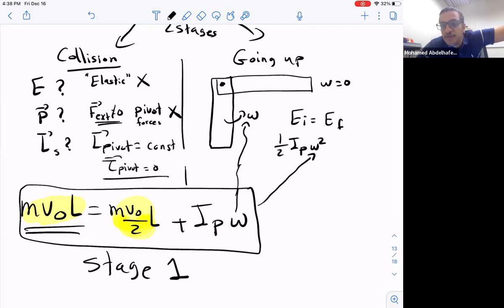Energy is conserved because there are no non-conservative forces, meaning that there is basically no kinetic friction. During the collision, you lose something because of the collision. That's the nature of collisions. But here there is no collision, no friction, so energy is conserved.